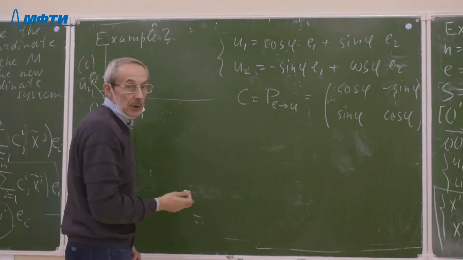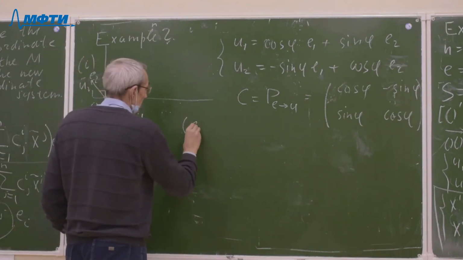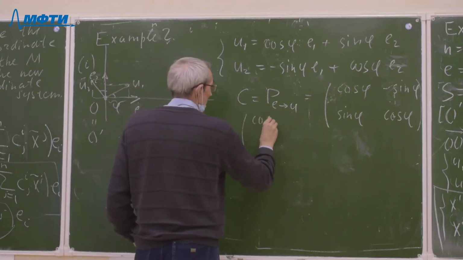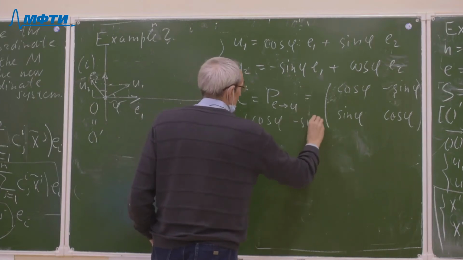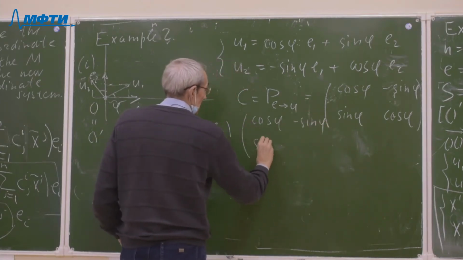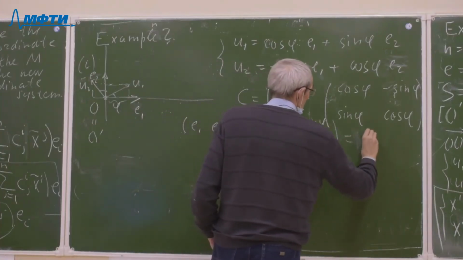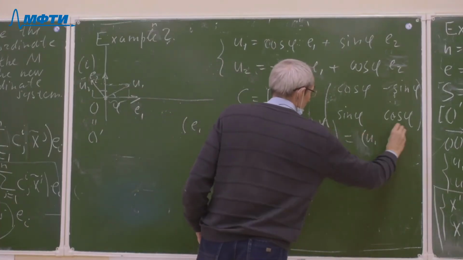And this relation we can rewrite in this form: E1, E2 times the matrix with cosine phi, sine phi, minus sine phi, cosine phi is equal to U1, U2.